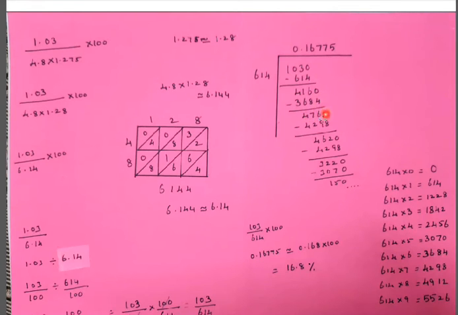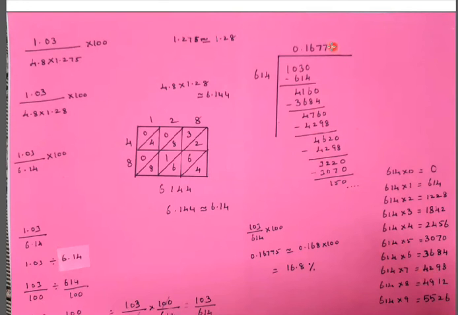Again putting 0, below this 4760. Below 4760 is 4298, as 614 into 7 times. So put 7 and subtract 4298. We get 462, add 0, and below 4620 we again see the 7 table.